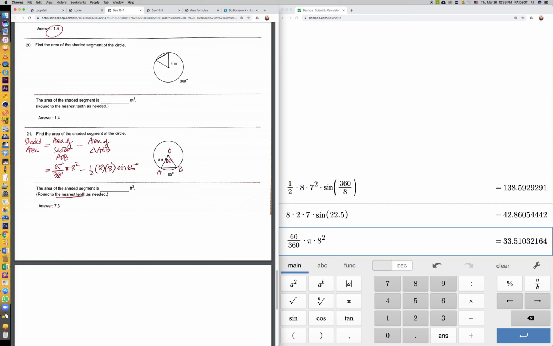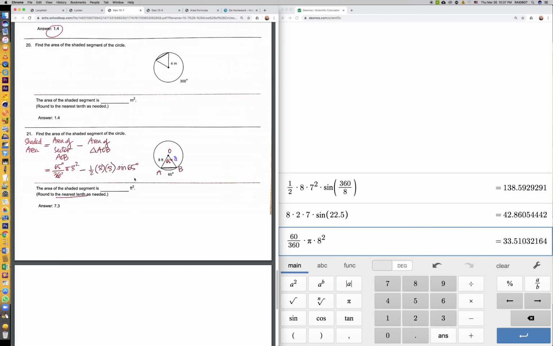For this triangle, we don't use the formula base times height divided by 2. We use the formula half times the two sides, this is 8, this one should also be 8, times sine 65 degrees. When you punch it into your calculator, make sure the answer is to the nearest tenth.